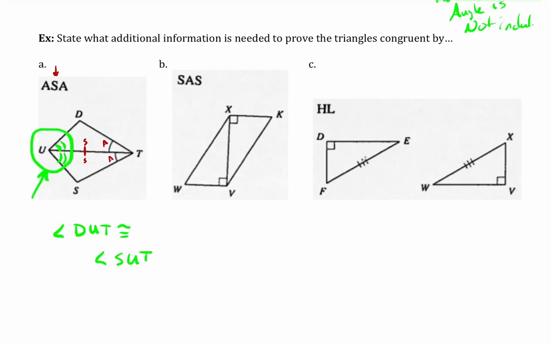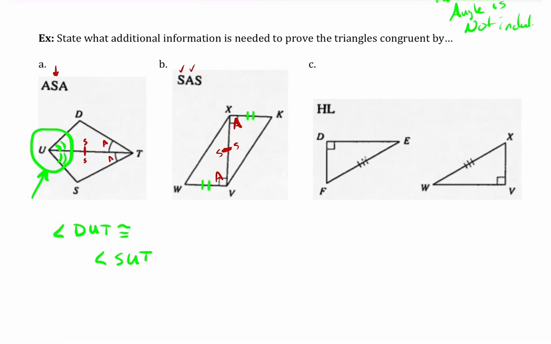All right, so let's look at the next one here. We have side, angle, side. Again, we have an angle here, so we've got that part covered. And we have a shared side here, so side, side. So that's covered. The angle is between the two sides that we care about. So if we look at where the side is missing, it's right here on the opposite side of the angle.